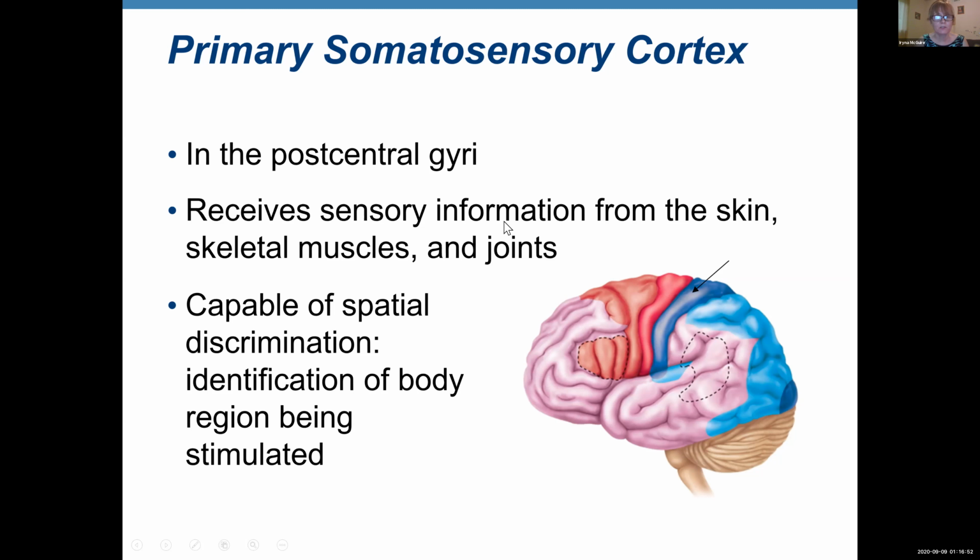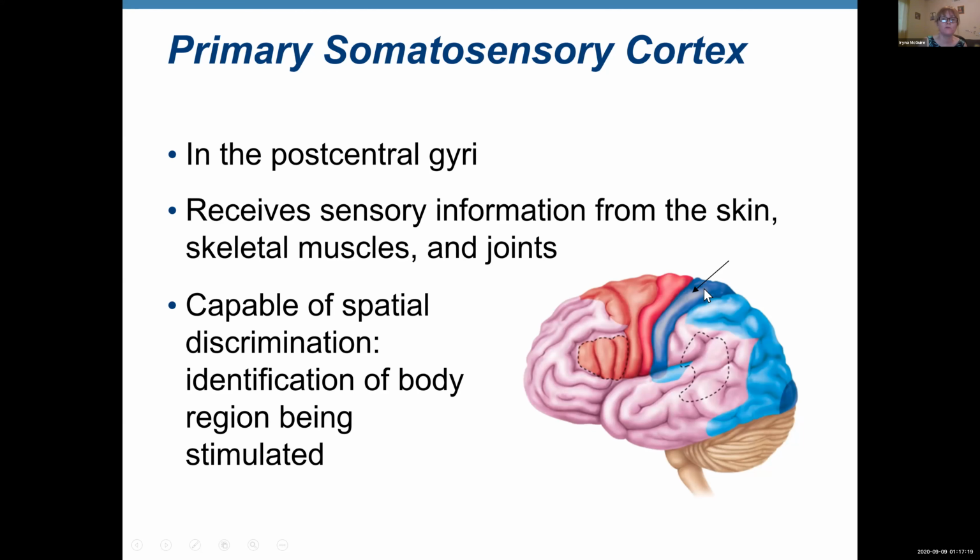Is all this information received by the primary somatosensory cortex, and where is it located? The post-central gyrus. So we have this red pre-central gyrus for the primary motor cortex, and the post-central gyrus for the somatosensory cortex.